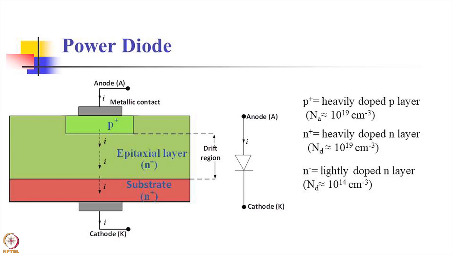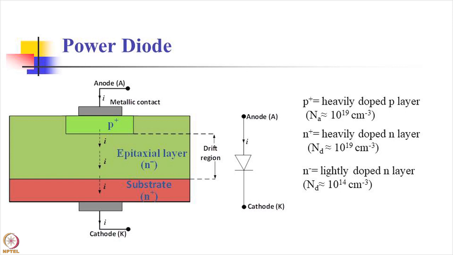We begin with an N type substrate which is heavily doped with something like 10 raised to power 19 donor atoms per centimeter cube, on which is grown an epitaxial layer of a lightly doped N material.